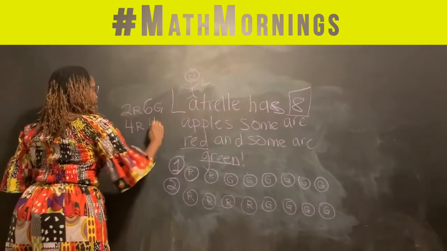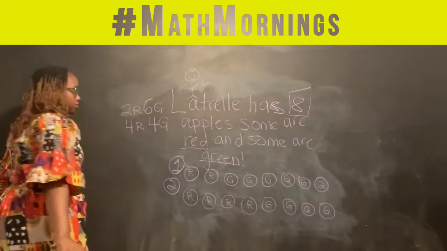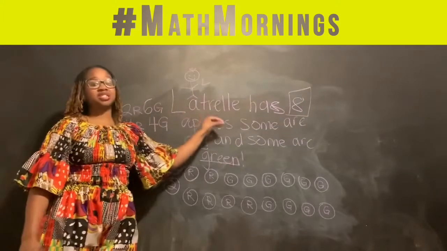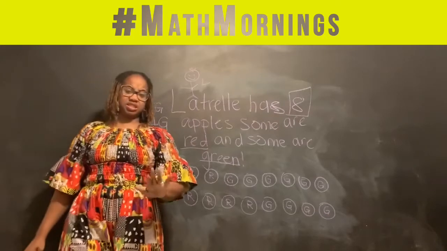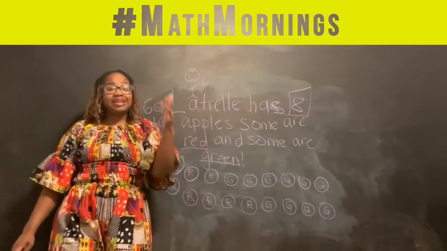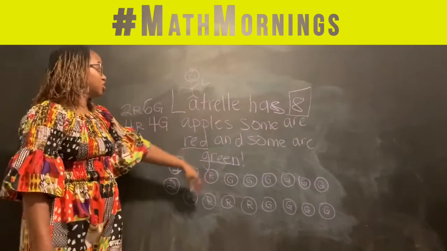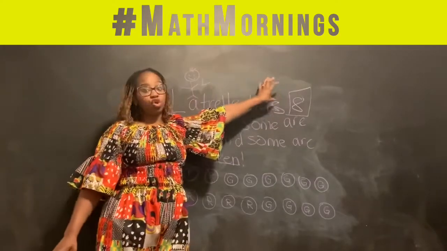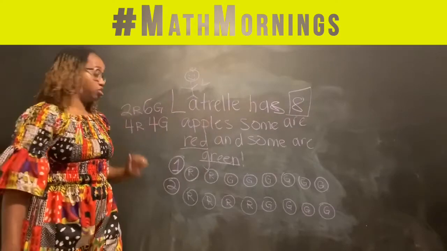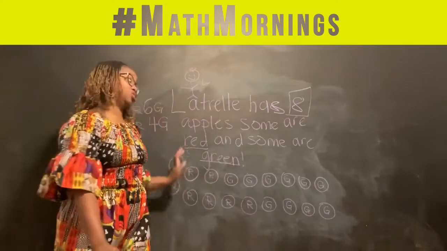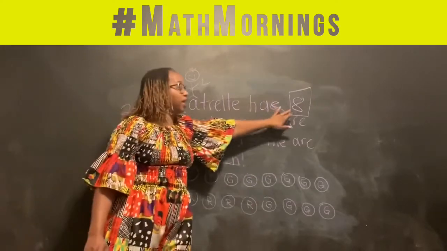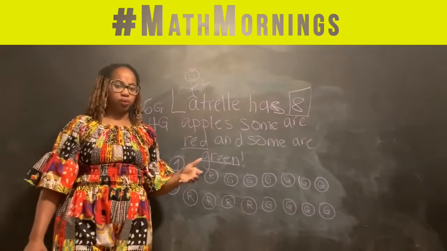Okay? 4 green apples. So this is a story problem, and I kind of like these story problems because I can think and I can create my own answer, and my answers could be different as long as I'm focusing on that total number that they gave me. So notice I didn't draw 10 apples, I didn't draw 12 apples, I only drew 8 apples because that's the number that we're working with, okay?